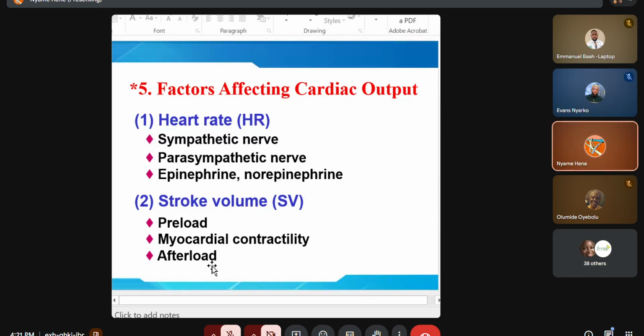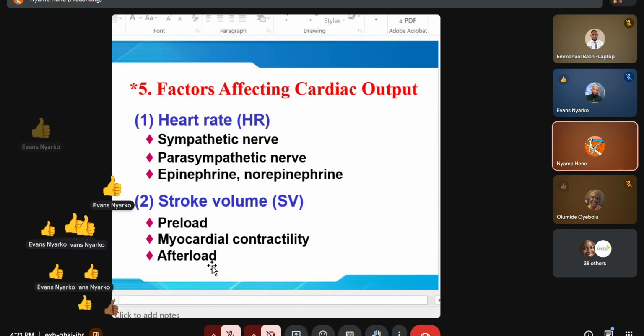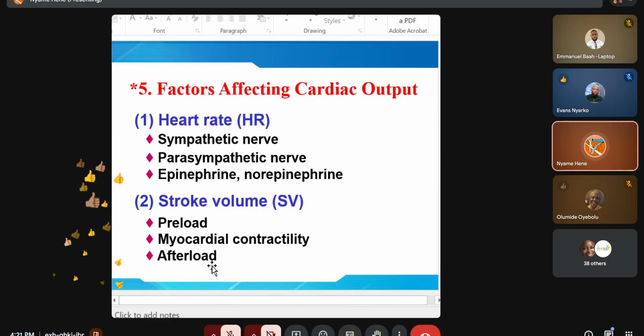Yes, sir. So it means that the preload is the amount of water that was in the bottle before you contracted it. If the amount of water is reduced, it's going to affect the one that comes out, and also the one that is left over.